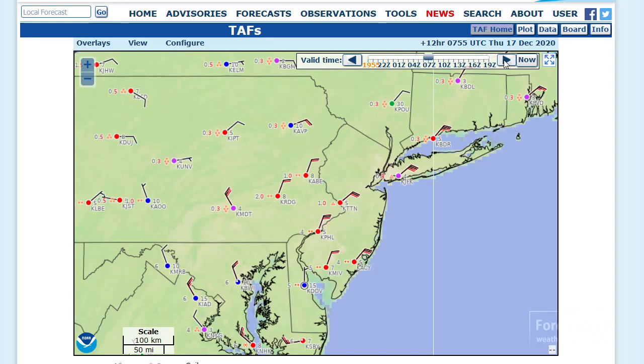And that can be very useful for predicting what kind of weather you're going to be seeing. Just to reiterate, again, those TAFs are created by humans, aviation weather forecasters at each Weather Service office. So those are going to be the lowdown on what they're expecting in terms of weather. So I would use those for any critical forecasting.